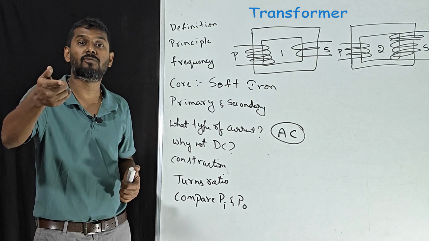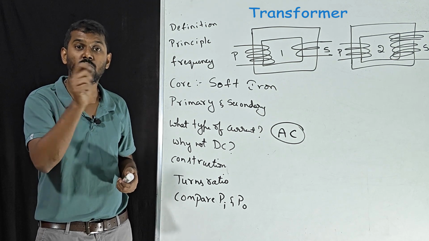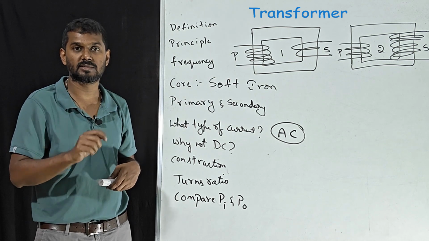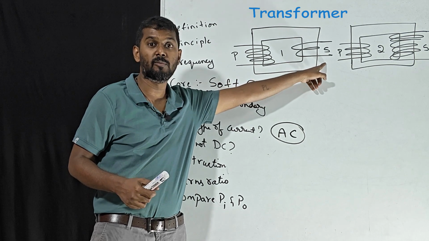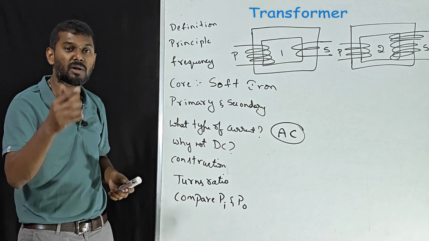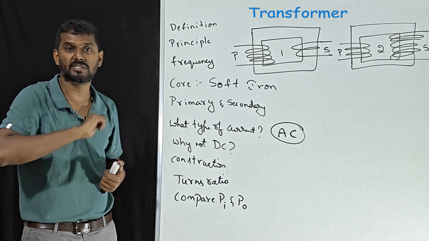For magnetic flux, what is important? The value of current should keep on changing, and only then will there be a change in magnetic flux. Because of the change in magnetic flux, EMF will be induced at the secondary. This is nothing but electromagnetic induction. For that, the value should keep on changing.